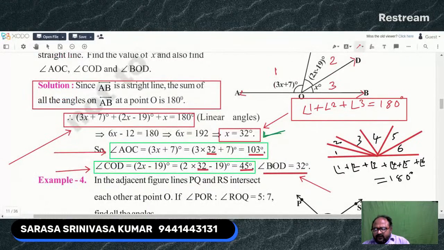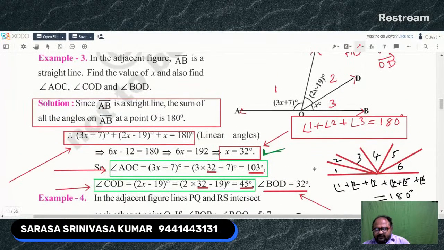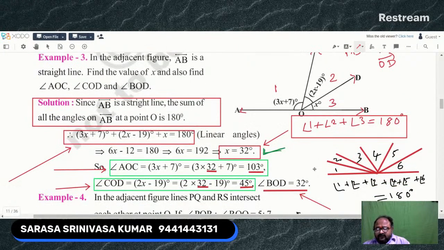Their values are 103 degrees, 45 degrees, and 32 degrees respectively. This is how all the students must understand the concept of finding the unknown value x in this problem.